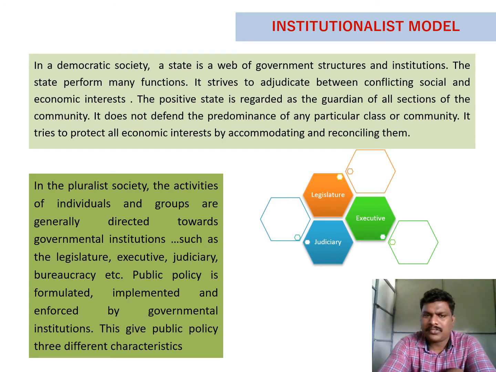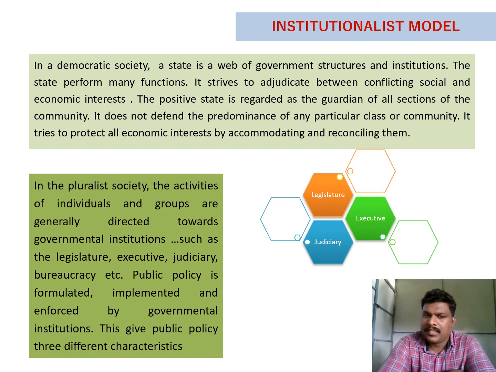In a pluralistic society, the activities of individuals and groups are generally directed towards governmental institutions such as the legislature, executive, judiciary, bureaucracy, etc. Public policy is formulated, implemented, and enforced by governmental institutions.